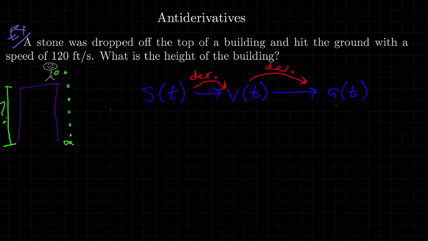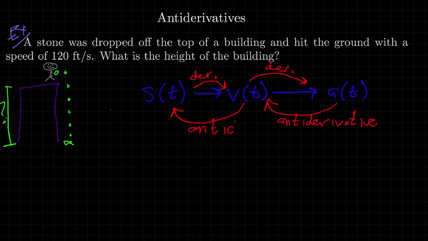So then to go backwards, if you know the acceleration, which we do in this case because it's gravity, we're going to find the antiderivative. That lets us go from acceleration to velocity. And then if we get the antiderivative of that, we're going to be able to get the position, which is going to help us find the height of the building, which is what we want.